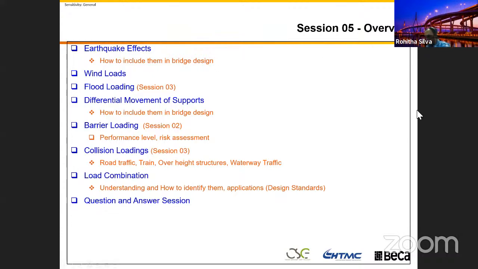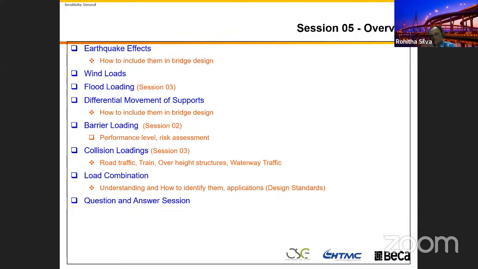The other thing, one good thing in the Australian standards is that we have 9 volumes for bridge design. We have one volume for each section. For example, there's one design section for the bridge loading itself.